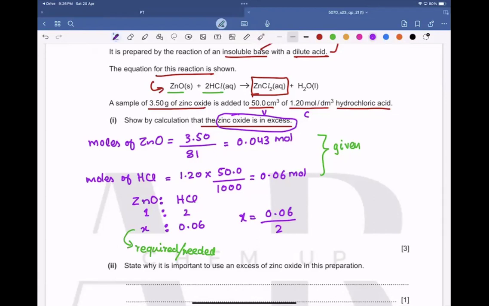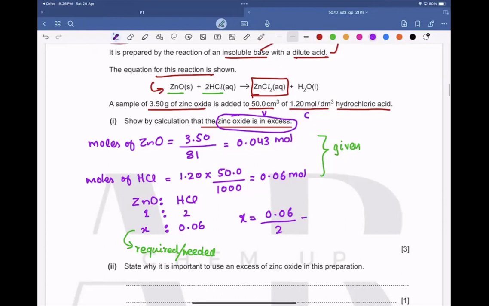So what is the answer? 0.03 moles, and these moles are of zinc oxide, right? And these are the moles of zinc oxide which are required or needed. Is this clear?